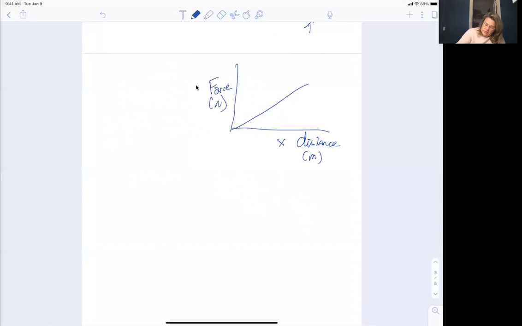What can we determine? The area is the work that was done to pull that spring or compress that spring, depending on what it is. And the slope is the k constant. So don't forget your graphs.